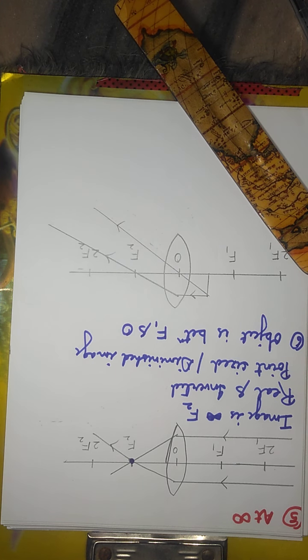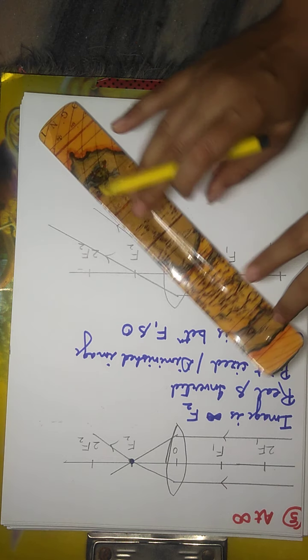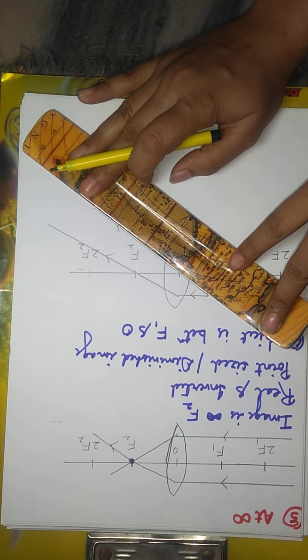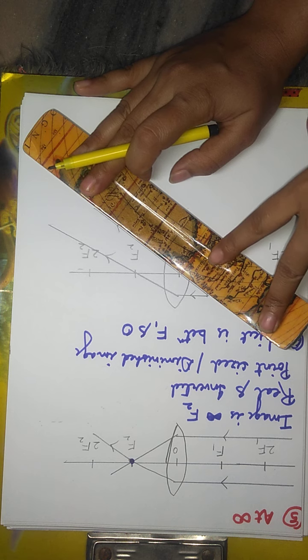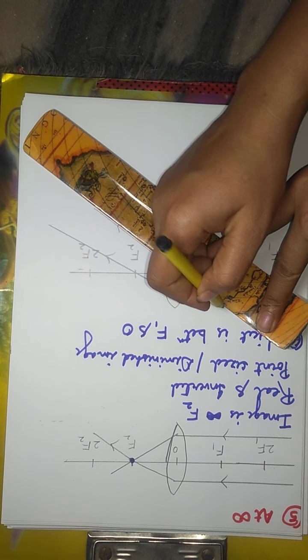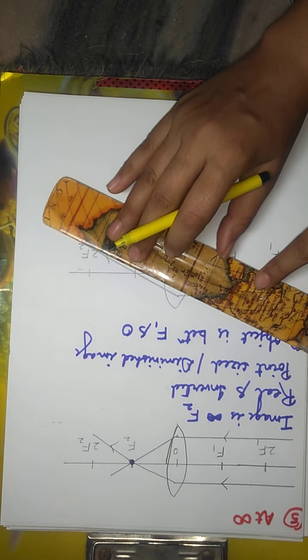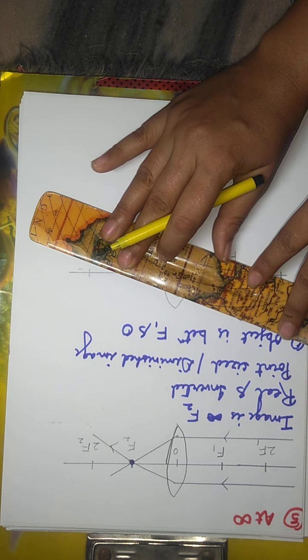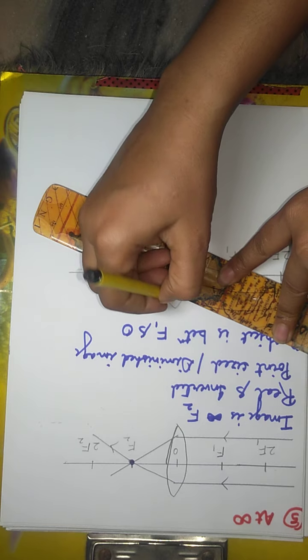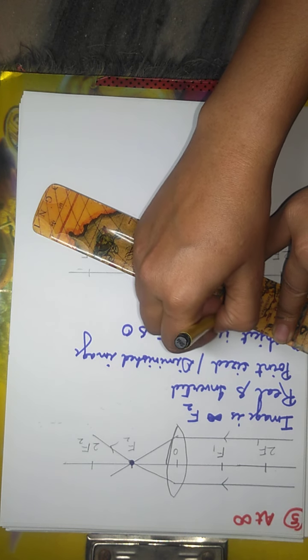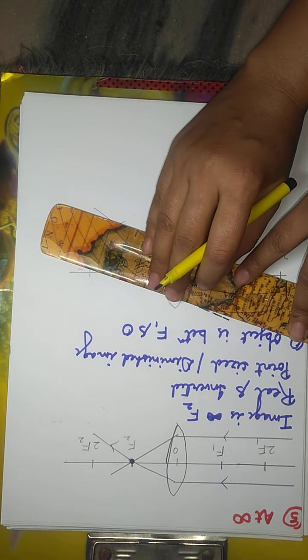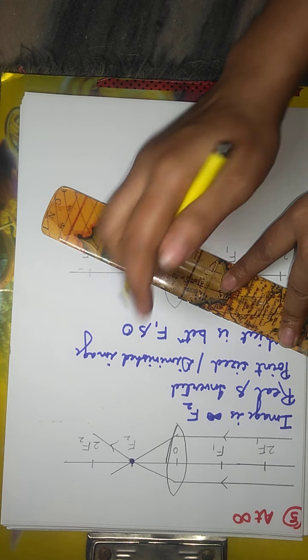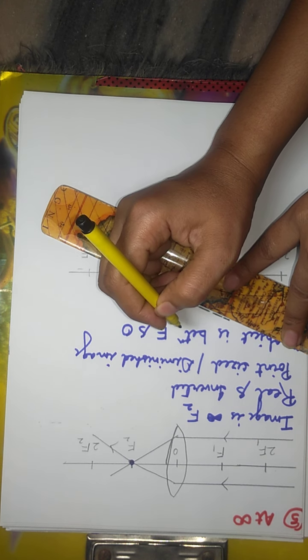Are these two rays meeting? No, they are not meeting. Now I extend these rays in the backward direction. If I extend this in the backward direction and this also in the backward direction, what is observed?